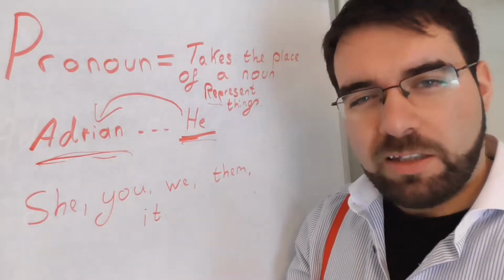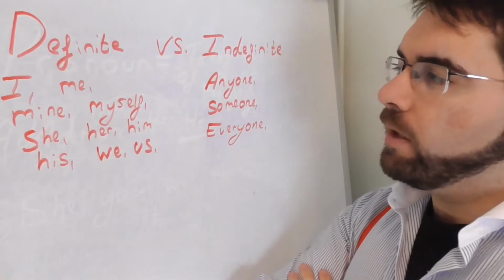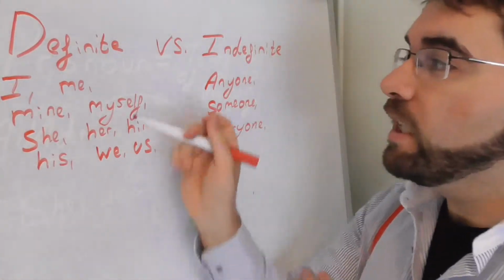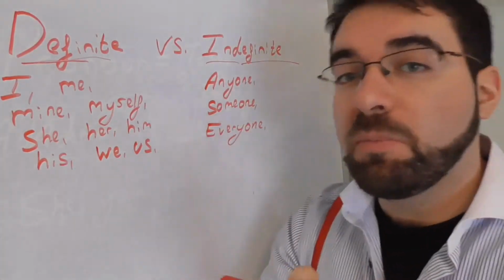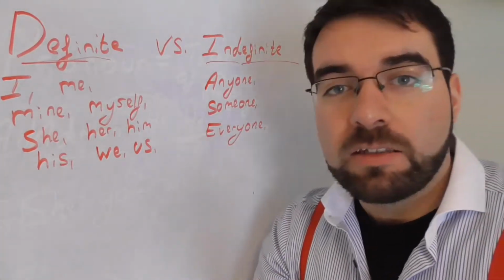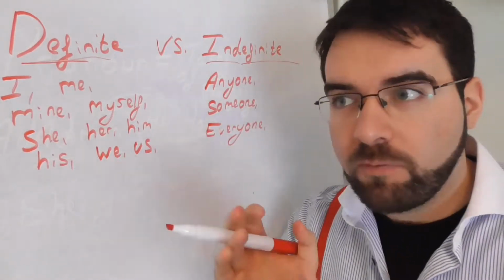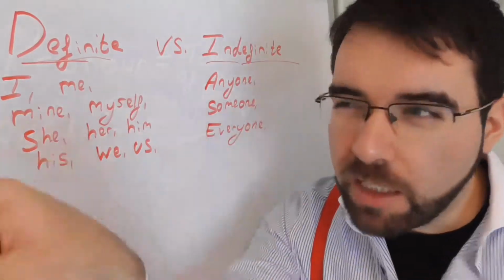Let's keep going. Let's clarify, there's a subtle difference between pronouns. There's the definite and the indefinite, which essentially means defined: who you're talking about, what it is. For definite, we know what's happening, like we're definitely sure it was that person.